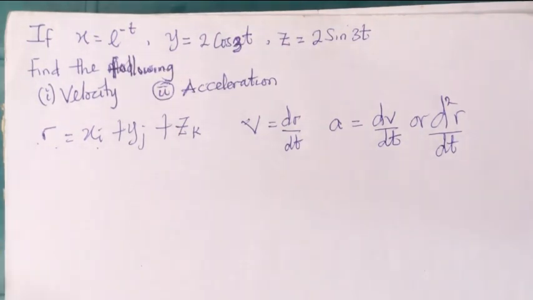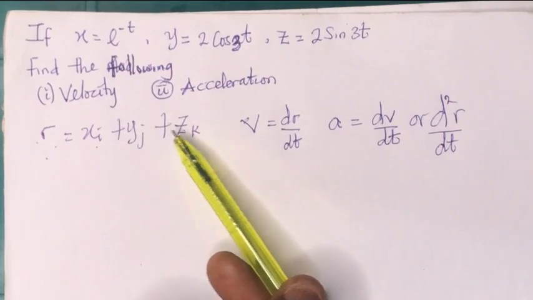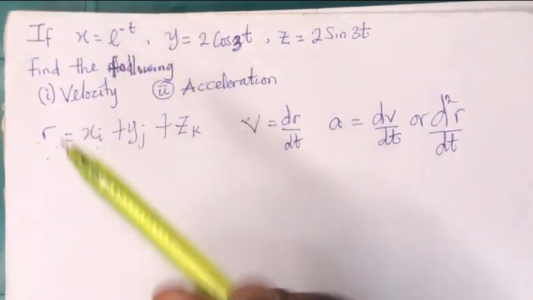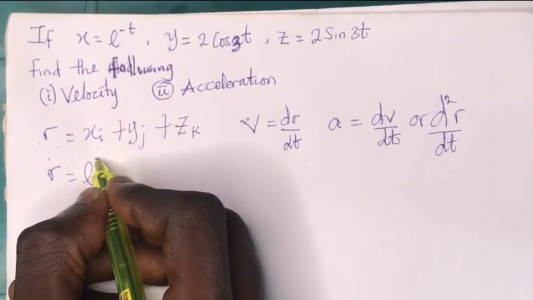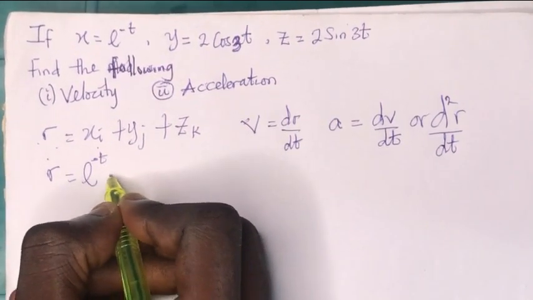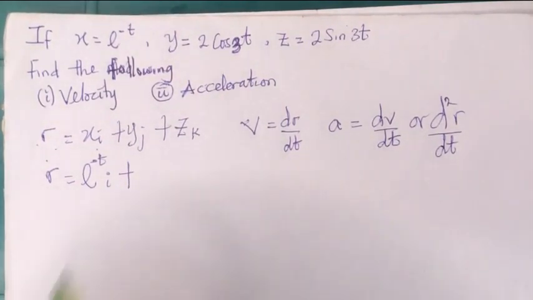So to this question, knowing that I have r equals to what? Xi plus yj plus zk, where x is what? Exponential minus t. So that means I will have r equals exponential minus t i plus y. What is your y here?